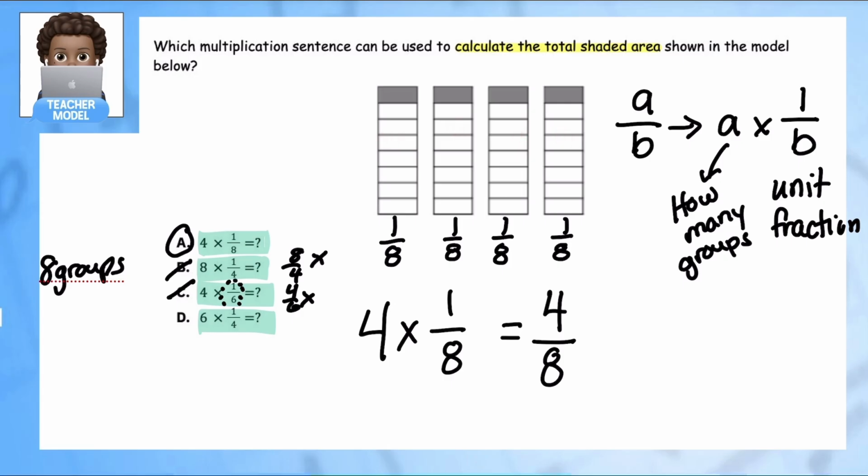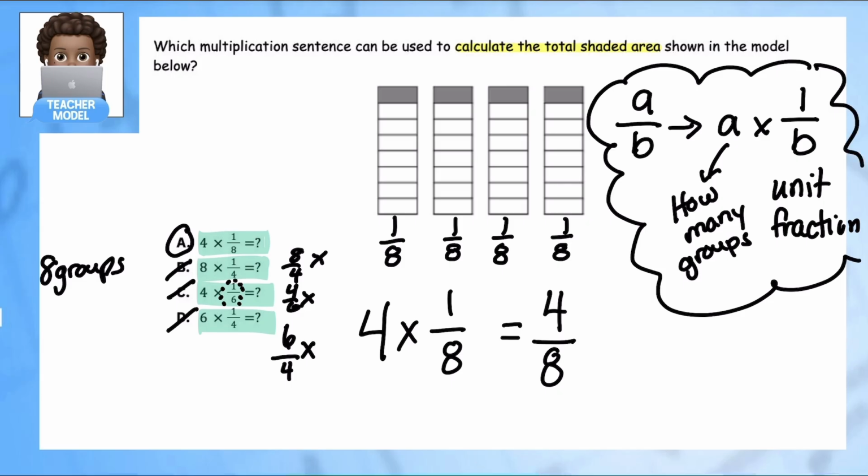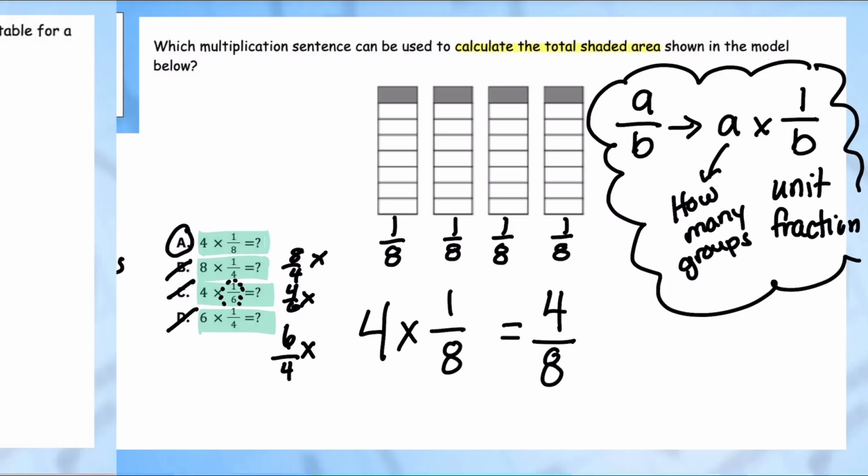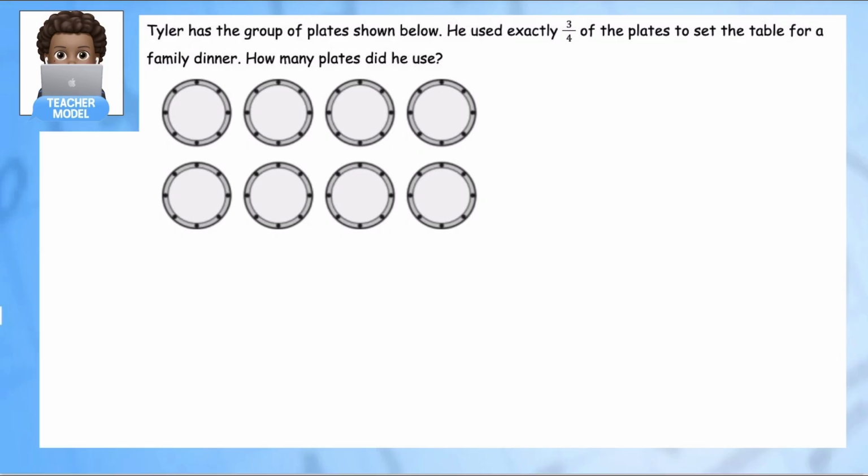I only have 4 groups. And this would also multiply out to 6 over 4. So that is wrong. So this is why A is the best answer. So let's hit pause for a moment so you can copy this down into your notes. And this part right here is critical in terms of our thinking.